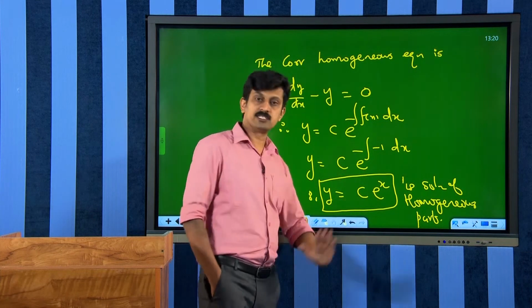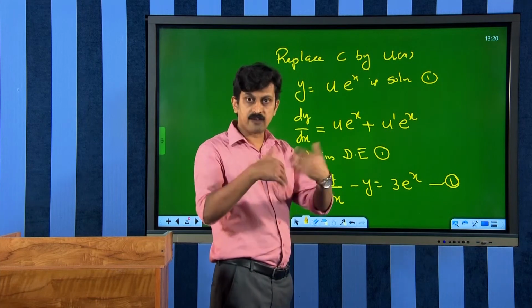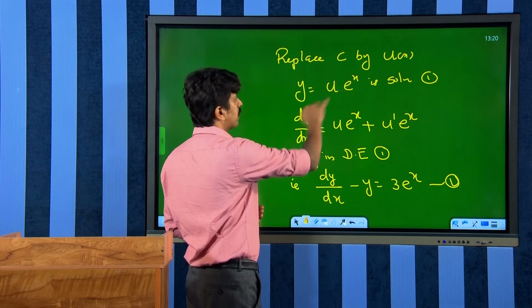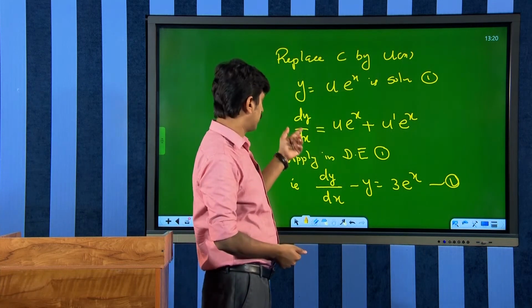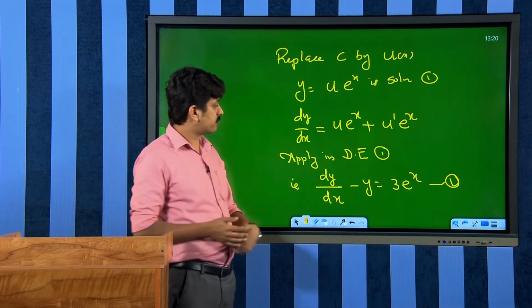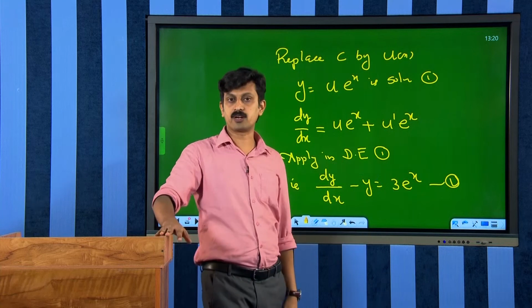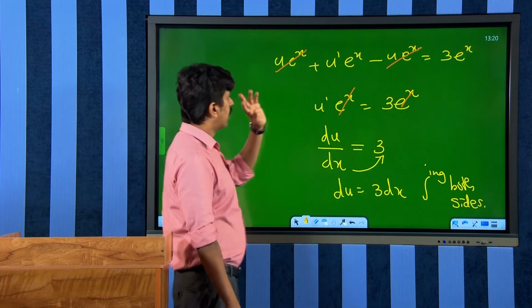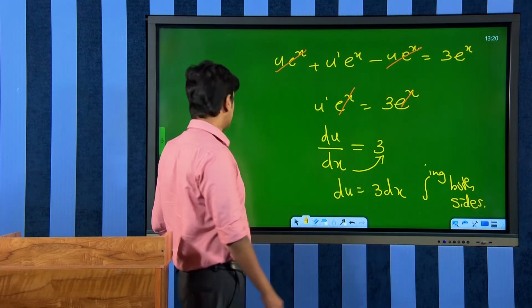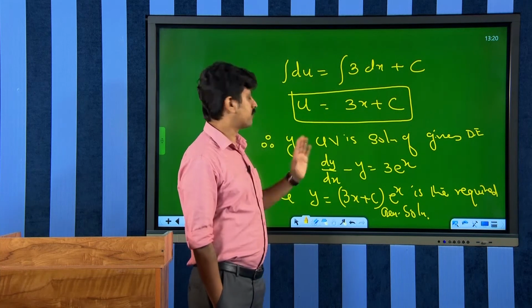We just replace c by some u and have to find the value of u. So, we evaluate dy by dx, apply dy by dx and y to equation 1, and we are able to find out u. So, by integrating we can find out u, and we can evaluate uv.